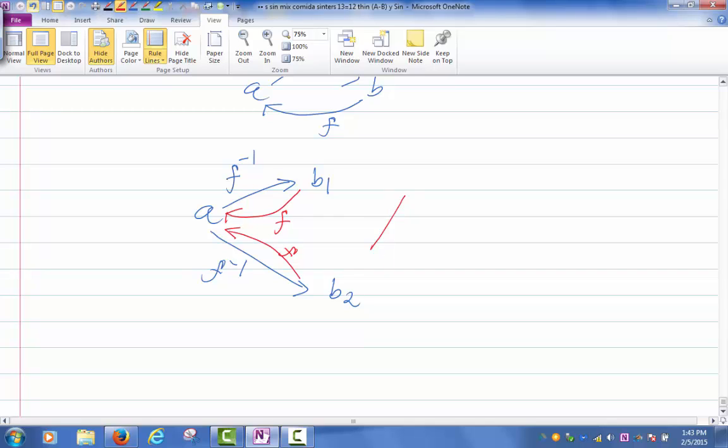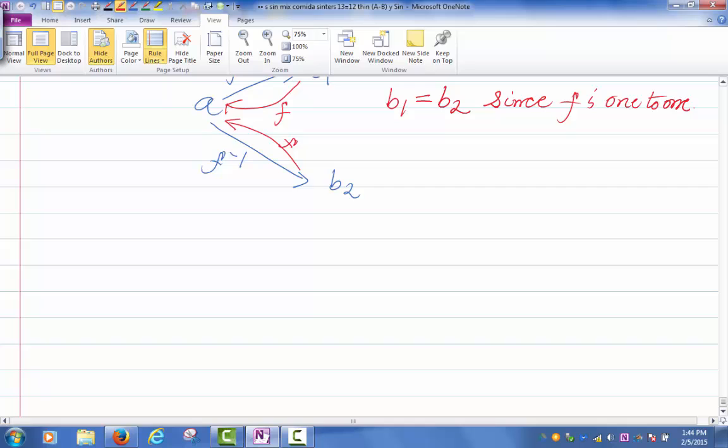Well, let me say it differently: b1 has to be b2 since f is 1 to 1. Which means that indeed f inverse takes each input to a unique output. So this is a valid function.